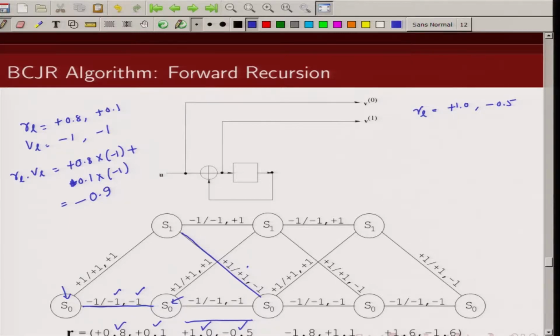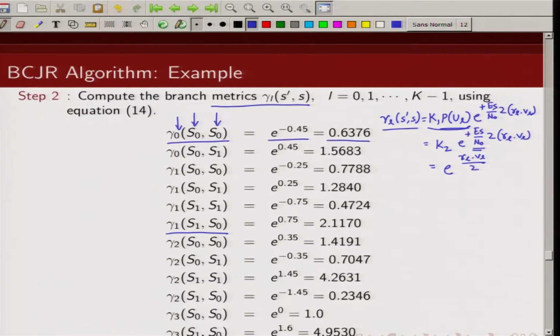It is given by plus 1 and minus 1. So, then what would be RL dot VL in this example? It is 1 into 1 plus minus 0.5 into minus 1. So, this will be 1.5. So, you plug that in here, 1.5 by 2. So, this will be e raised to power 0.75, and that is what it is.